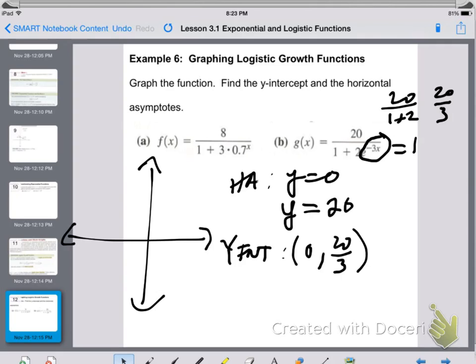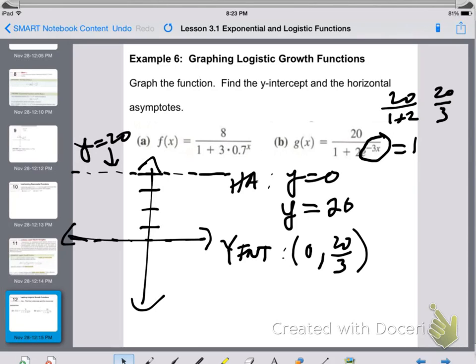So let's graph this. Y-intercept, horizontal asymptote y equaling 0, and then at y equaling 20, so let's go up by 5s. 5, 10, 15, 20. This is y equals 20 here.